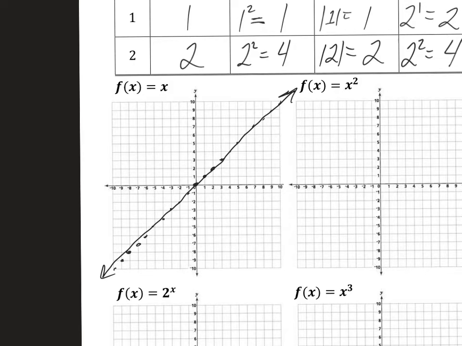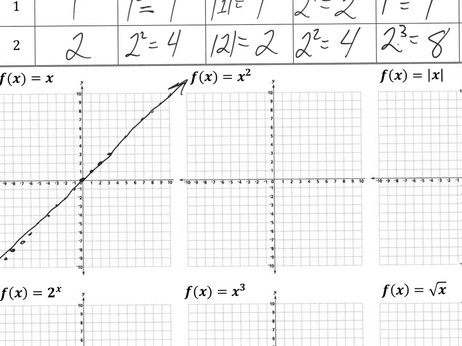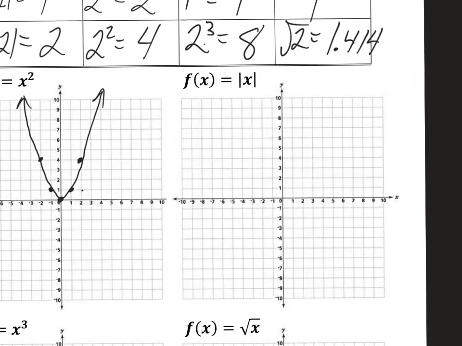The next one, x squared. Okay, so we have a dot at 0, 0. 1 squared is 1. 2 squared is 4, so 2, 1, 2, 3, 4, just like that. -1 squared is +1. -2 squared is 4, so we're just making a U. Perfect.